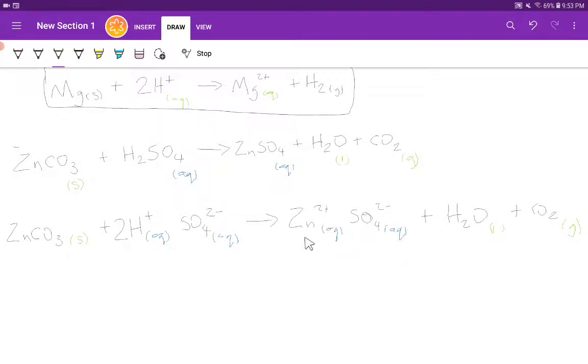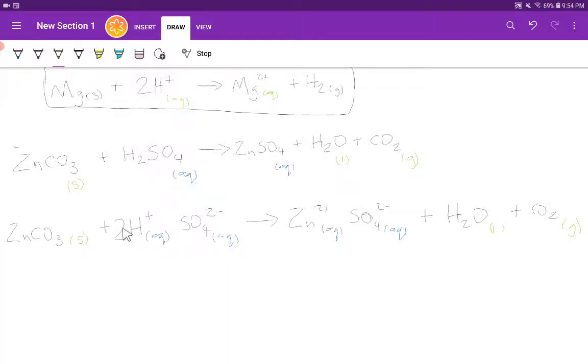So let's look for the ions that are not participating now. Well, based on what we're seeing here, you have Zn on this side in a solid state, but on the product side you have Zn2 plus in the aqueous state. You have CO3 solid over here, you have CO2 gas over there. So again, there's a change.